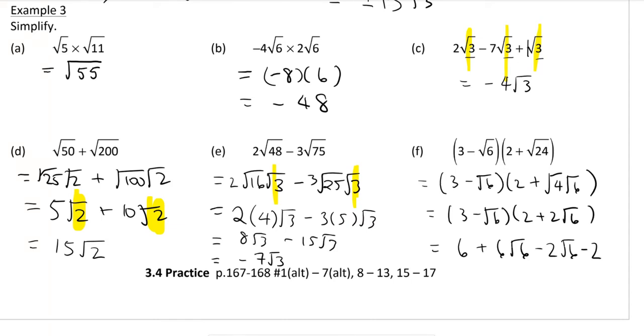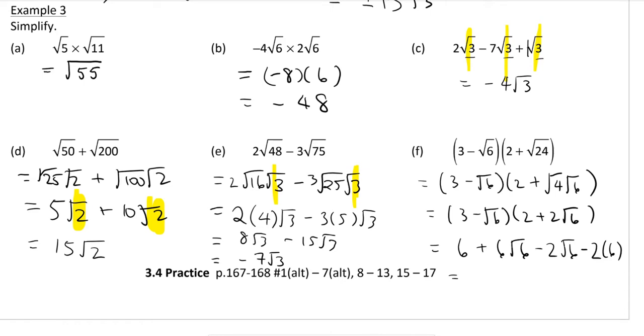But look what we have here, root 6 times root 6. You could write root of 36, but you know what? I know that root 6 times root 6 is just good old 6. So we're going to do that. And now look what we have.